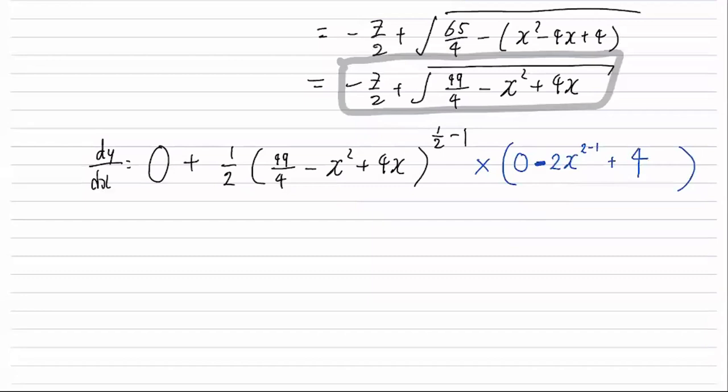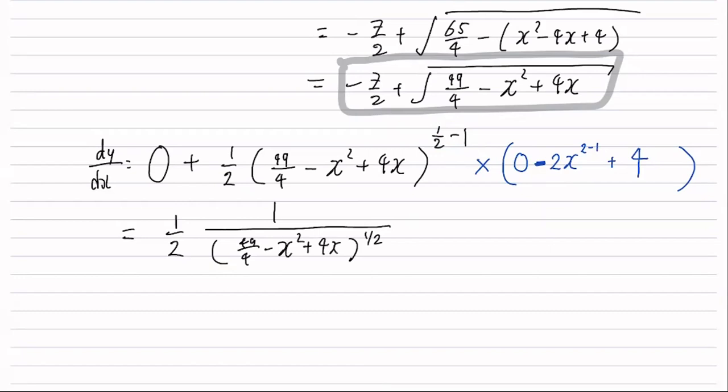We need to clean up. So what do we get? Half multiplied by half minus 1 is negative half, so we get 1 over something to the power of positive half. What's the something? Copy and paste. So you realize that in differentiation, you need to be very familiar with your indices already, your exponents. Then here you go and simplify 4 minus 2x.